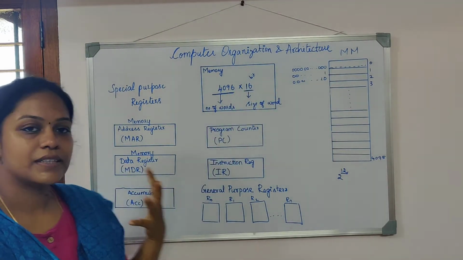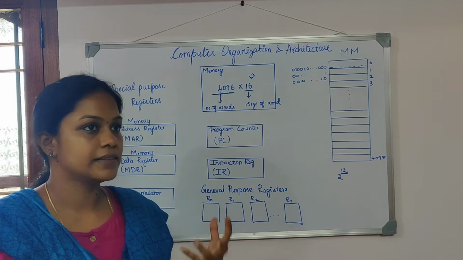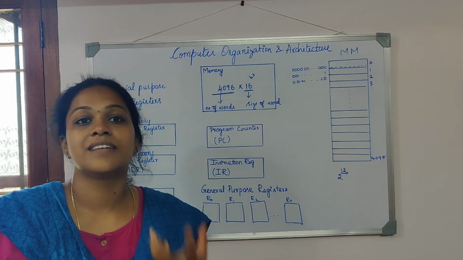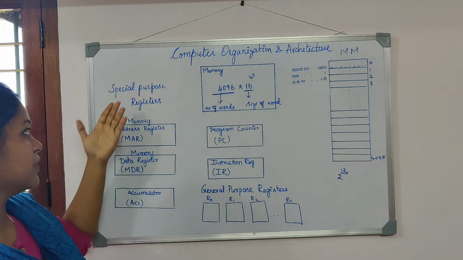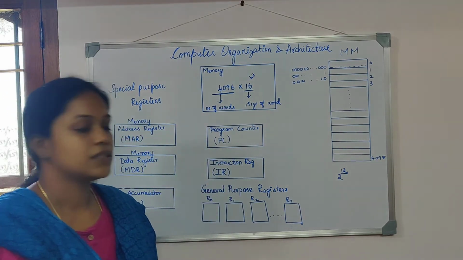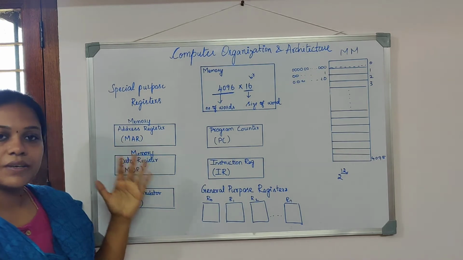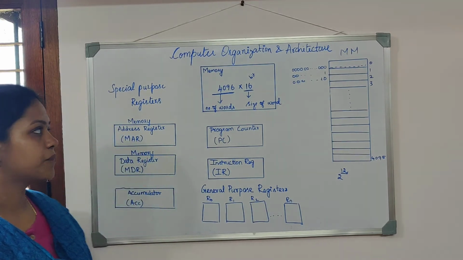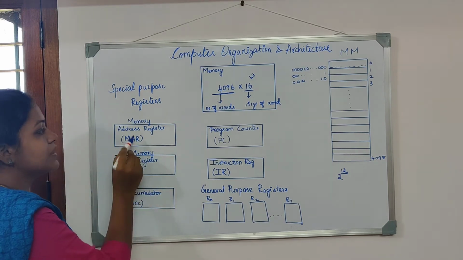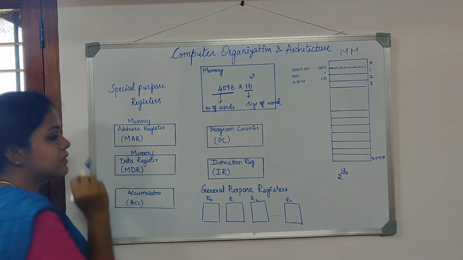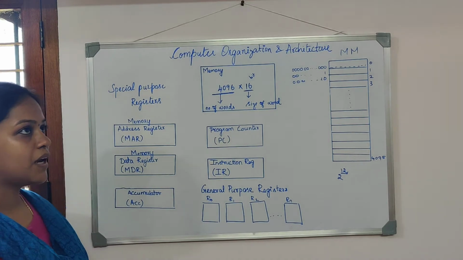Now let us go on and see in detail about what registers are. There are two kinds of registers available, special purpose registers and general purpose registers. We'll see one by one. Among the special purpose registers, the first register that we'll be seeing is the memory address register.